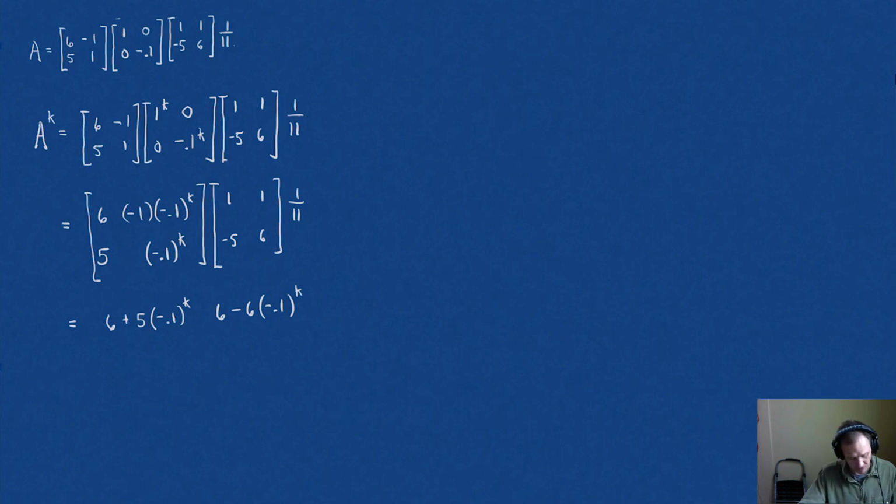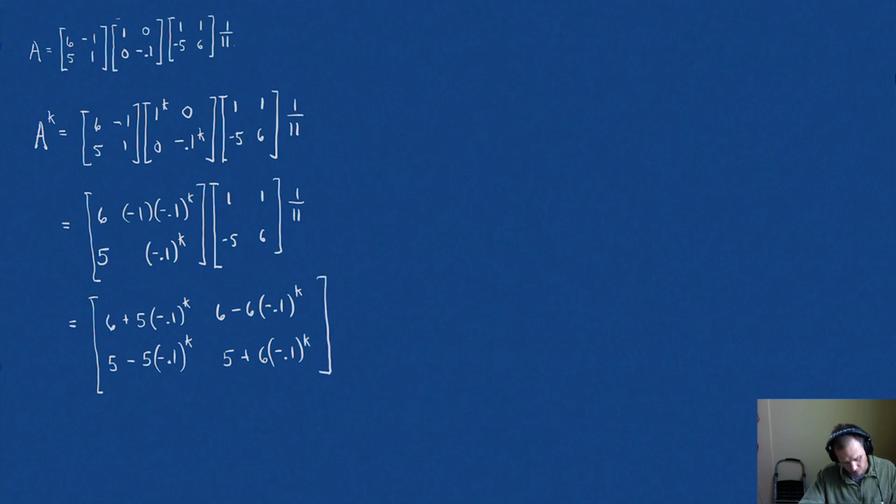Then row 2 times column 1, that's going to be a 5, and then a minus 5 times negative 0.1 raised to the k. Now row 2, column 2 is going to be 5 plus 6 times negative 0.1 raised to the k. All of that is multiplied by 1/11.